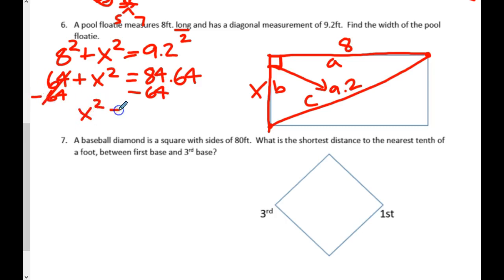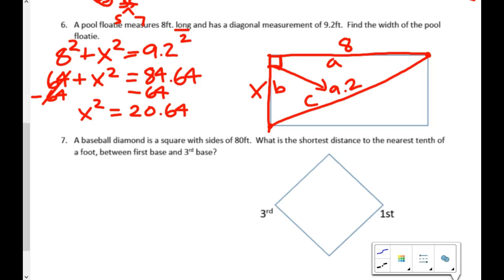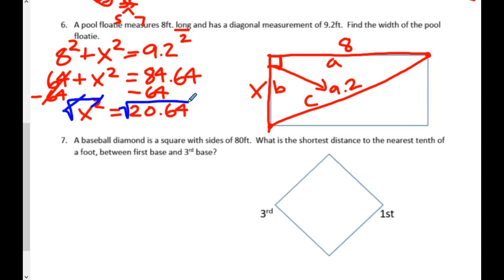x squared equals 20.64 when you subtract. And just like before, I'm going to get rid of the square by square rooting, but this time I am going to type it in the calculator because I need to be able to round and get a number. So remember, word problems give me the decimal. Decimals are great on the word problems because I need an exact amount.